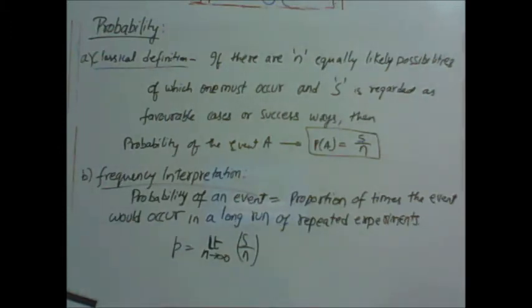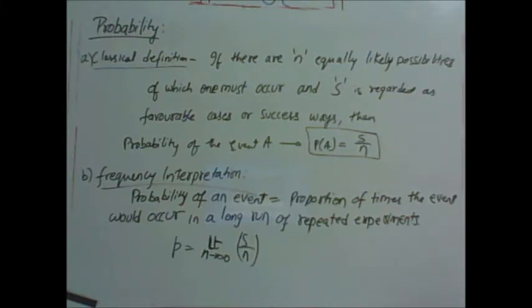One is the classical definition, which we can find in every book. If in a sample space there are n equally likely possibilities, that is, we cannot say the first one is more possible or the second one or the third one is more possible, all have equal chances to be the outcome.